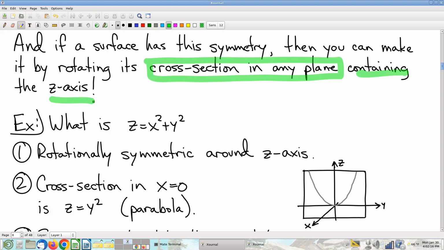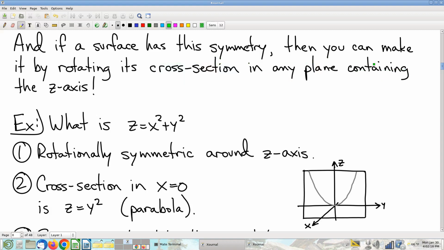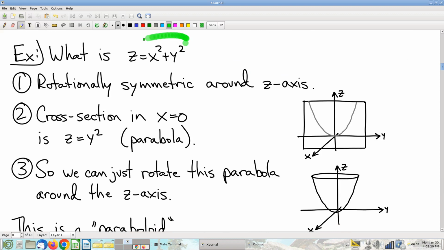Okay, example. As previously promised, let's understand this equation right here. I previously gave you a hand-waving argument that it's kind of a bowl. Let's argue about why. Step one, observe x and y appear only in the special form. Now you might quibble and say, hey, where's the square root? Fine, no problem.